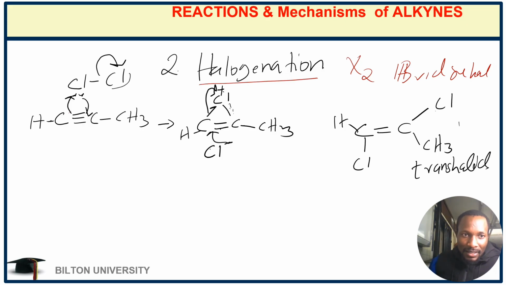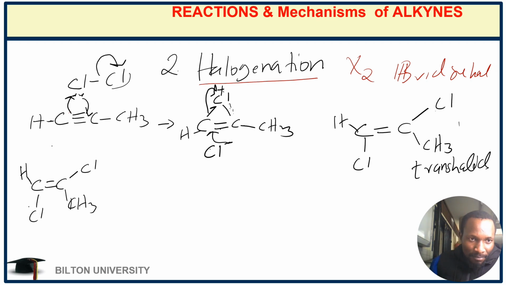So let's perform another halogenation and see what's going to take place. Let's draw our structure. So we have chlorine, we have CH3, we have a chlorine atom, and we have our H. The same process repeats itself. Another heterolytic cleavage. We still have our 2 electrons, electrophilic attack.